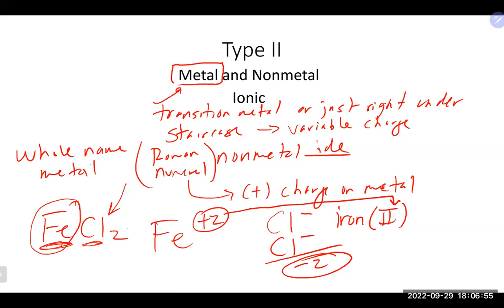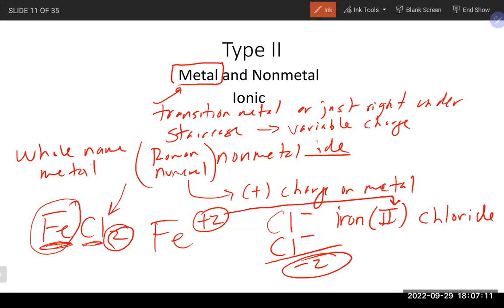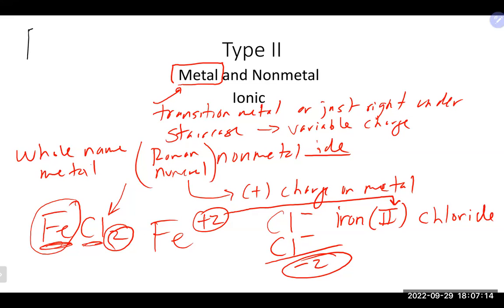Once again, even though there are 2 Cls, it has no effect on the name. No prefixes here. This would be chloride. So this would be iron Roman numeral 2 chloride. The reason we need to do that is because if we took something like this one here, it would now be iron Roman numeral 3 chloride.